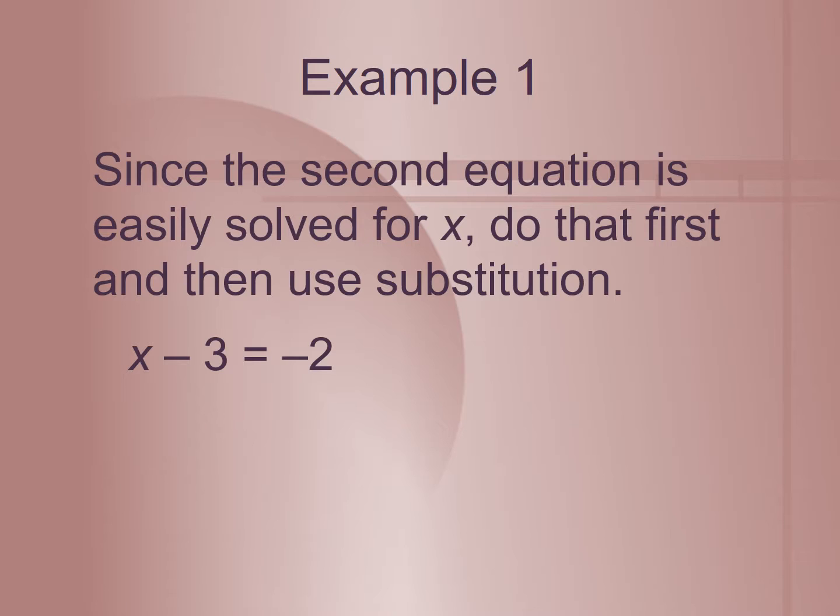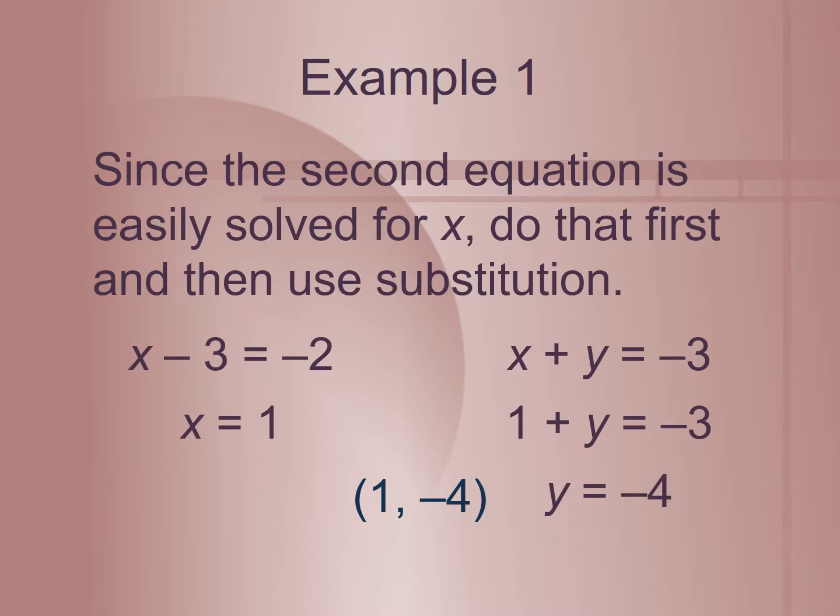We can see how easy it would be to just solve for x. Now we can use substitution since we know x equals 1. We'll take our first equation, x plus y equals negative 3, use substitution, and solve for y. Now we know the solution to the system is (1, negative 4).